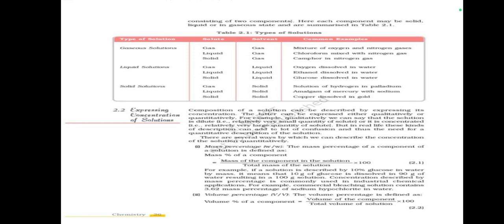Volume percentage (V/V). The volume percentage is defined as the volume of the component upon total volume of solution, into 100. For example, 10% ethanol solution in water means that 10 mL of ethanol is dissolved in water such that the total volume of solution is 100 milliliters. Solutions containing liquids are commonly expressed in this unit.